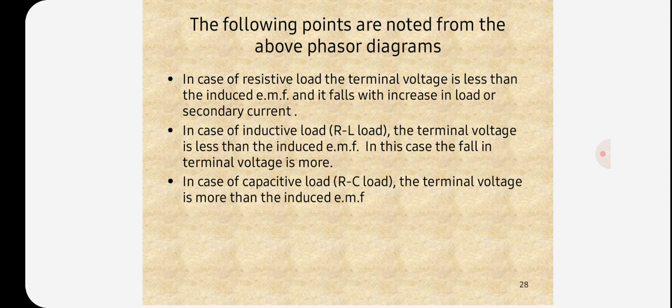So in this referred to secondary side, the primary impedance can be transferred to the secondary side. We know the equivalent resistance of a transformer referred to secondary, R02, is equal to R2 plus R1 dash, that is equal to R2 plus K square R1.